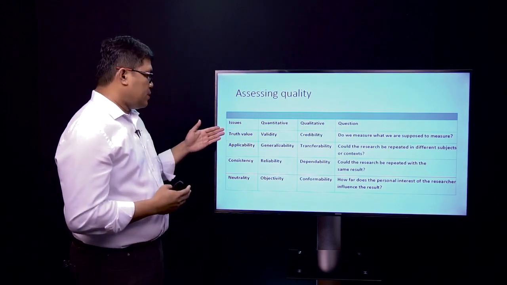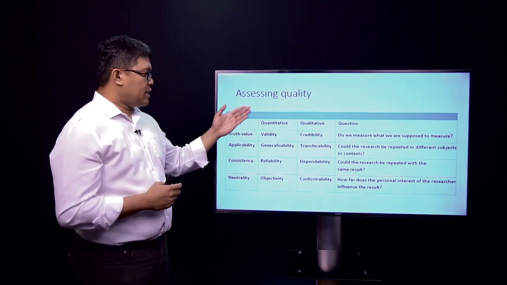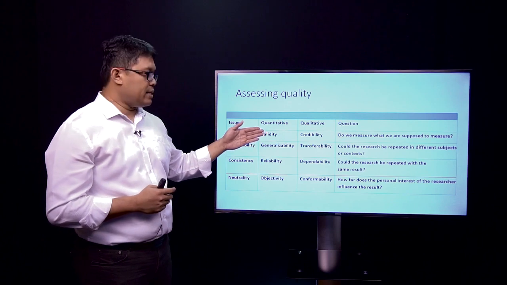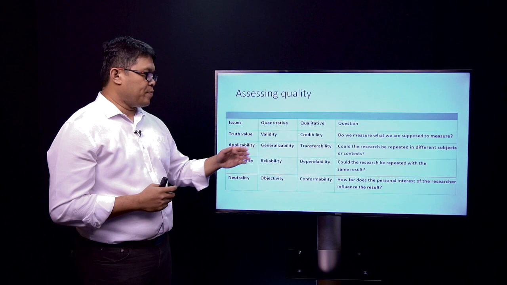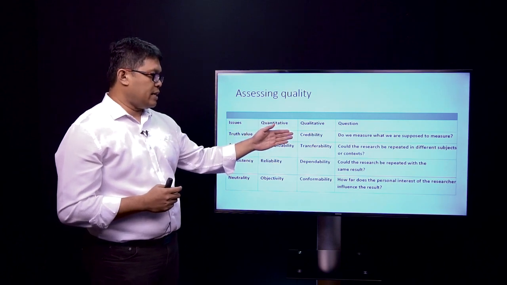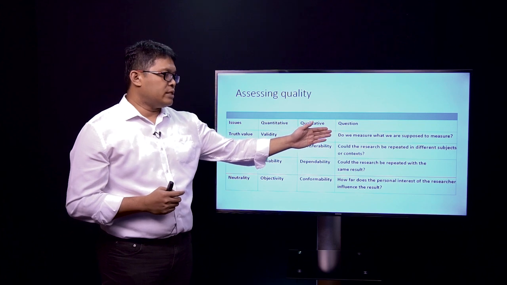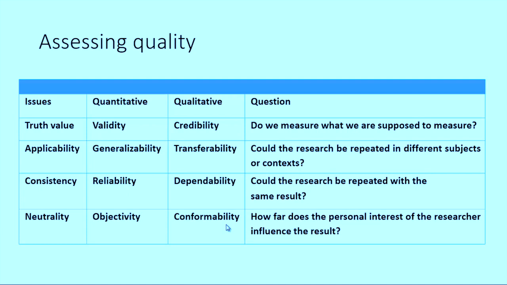For example, we can measure the truth value. In quantitative, we have this validity or internal validity parameter. In qualitative study, there are similar criteria, what we call credibility, and this relates to the question whether we do measure what we are supposed to measure. We can also measure the applicability of this finding.